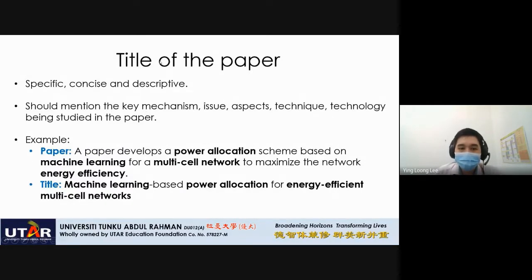Okay, title of the paper. So for the title of the paper, right, you should be specific, concise, and descriptive, right? Should mention the key mechanism, issue, aspects, technique, technology being studied in the paper. Okay, this is recommended, right?